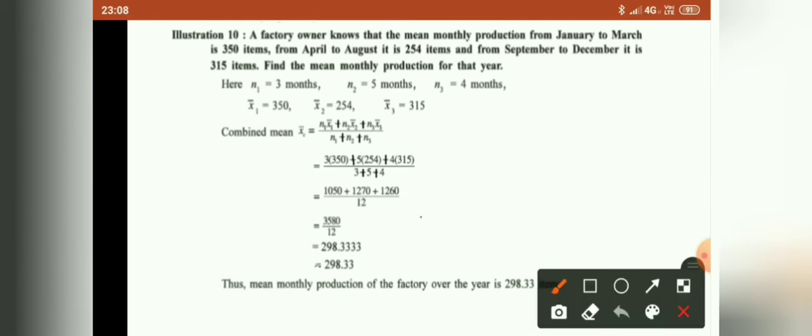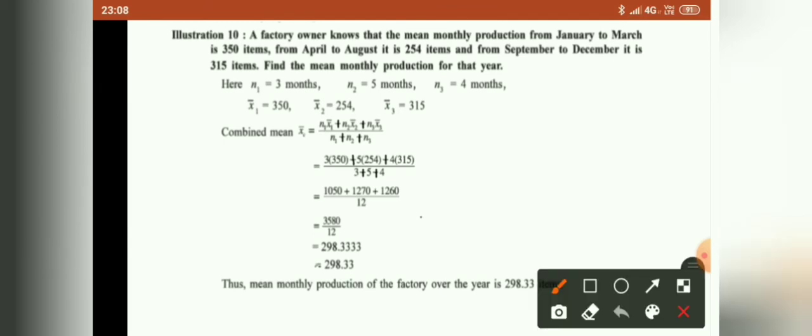Now we will multiply and then divide. 3 into 350 is 1050. Then plus 1270 plus 1260, divided by 12.